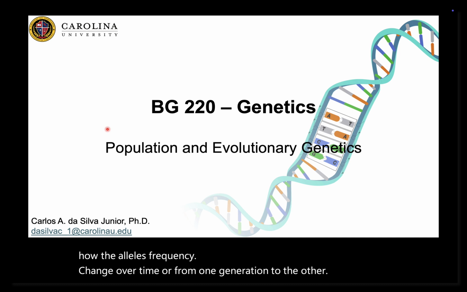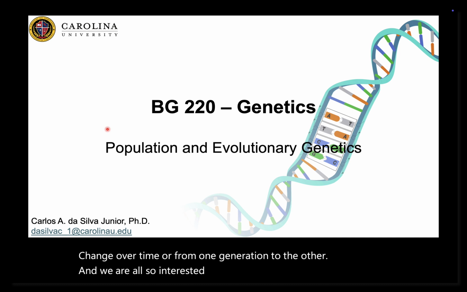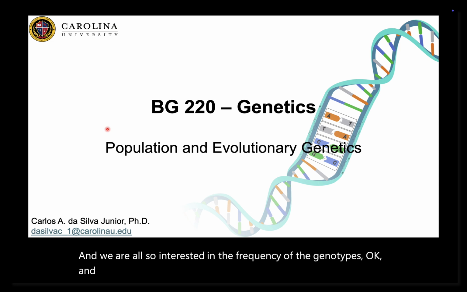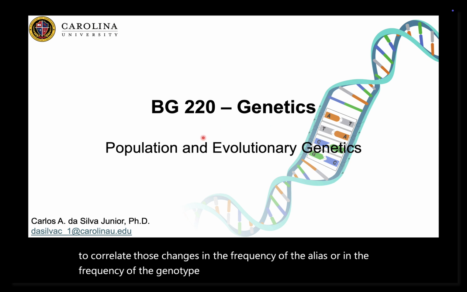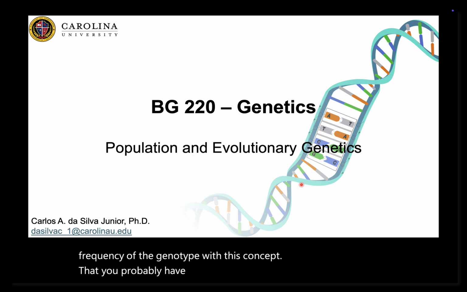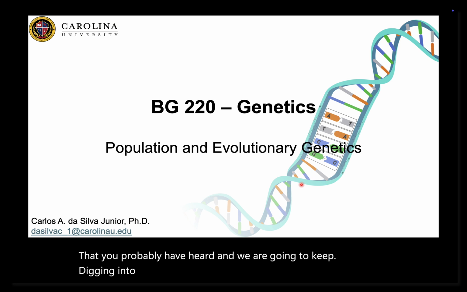And we are also interested in the frequency of the genotypes, okay, and how that changes over time. On top of that, we are going to try to correlate those changes in the frequency of the alleles or of the genotypes with this concept that you probably have heard, and we are going to keep digging into this field, that is evolution.